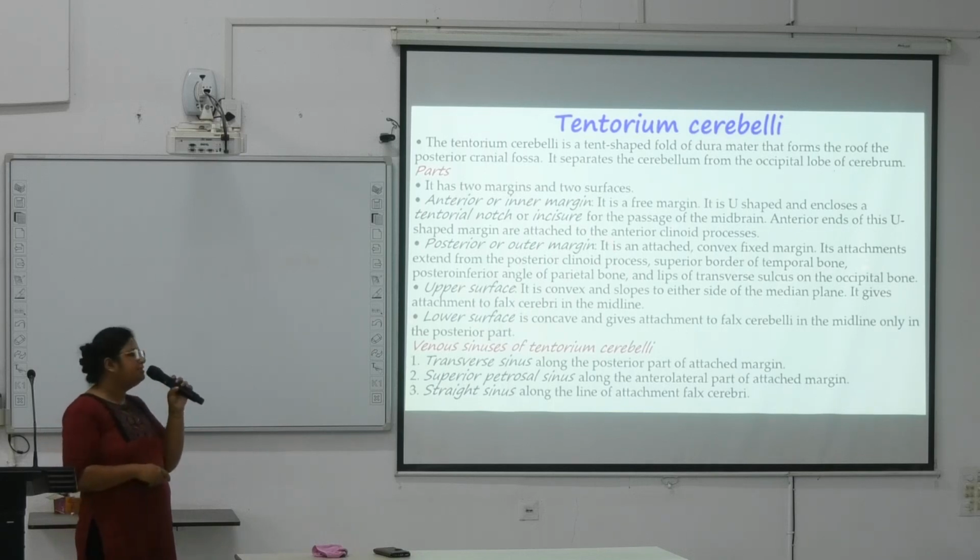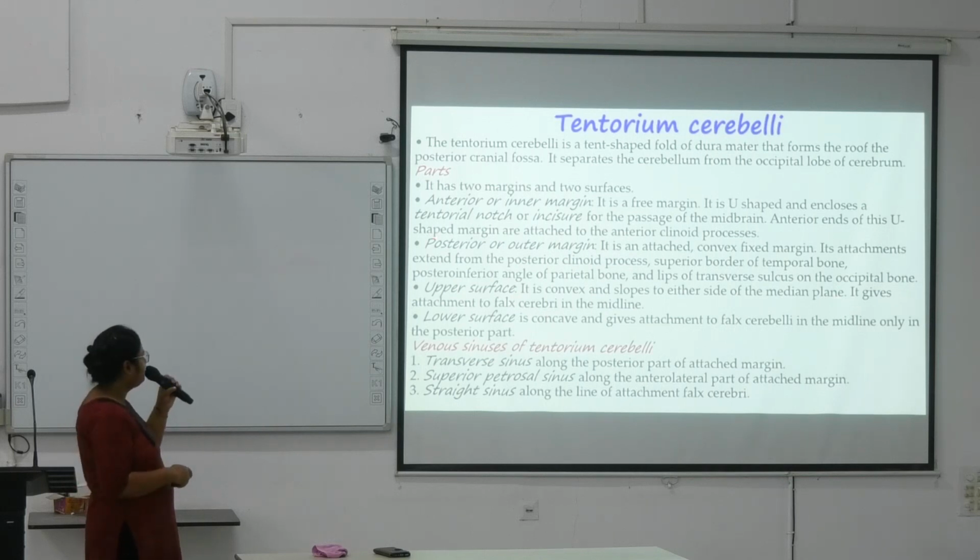Then the upper surface is convex and slopes on either side of the median plane, and gives attachment to the falx cerebri in the midline. Due to attachment of the falx cerebri, the middle part is convex. Lower surface is concave, and gives attachment to the falx cerebelli in the midline, only in the posterior part. Okay.